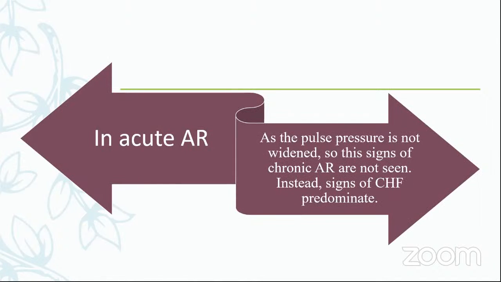In acute aortic regurgitation, as the pulse pressure is not widened, the signs of chronic AR are not seen. Instead, signs of congestive heart failure will predominate in the acute setting.